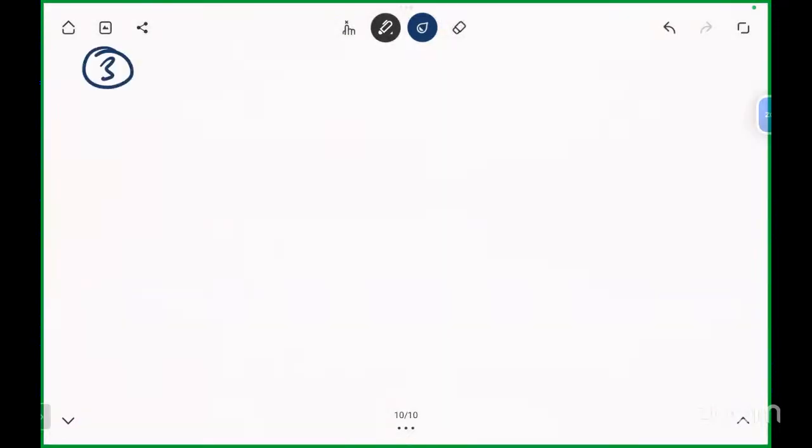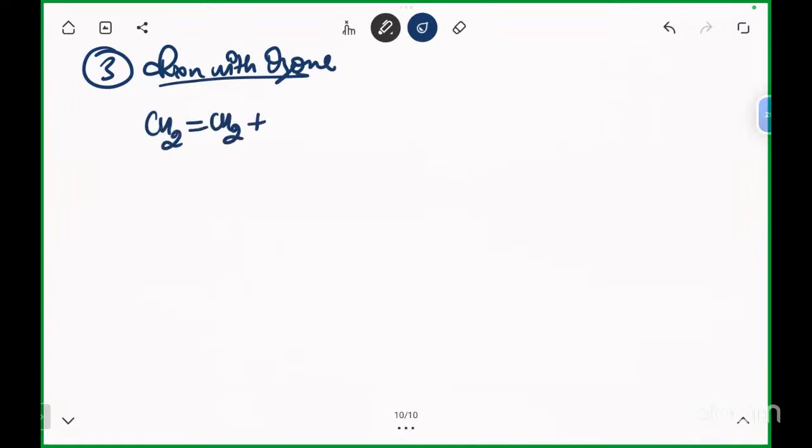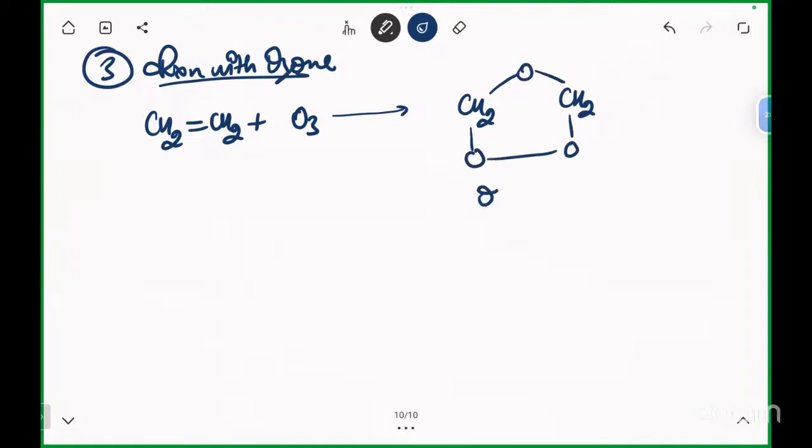Third property, which is most important, is reaction with ozone. So CH2=CH2, when it reacts with the O3 molecule, that is ozone, it forms CH2-CH2 with OO. This structure is called ozonoid.